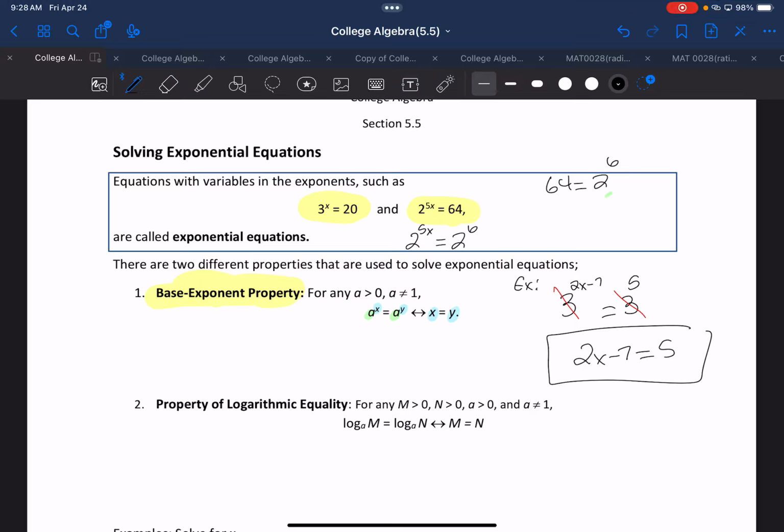And then I can cancel those bases of 2 and set 5x equal to 6. So x would be equal to 6 over 5 once I divide both sides by 5. And that would be the solution to that equation. Does that make sense?